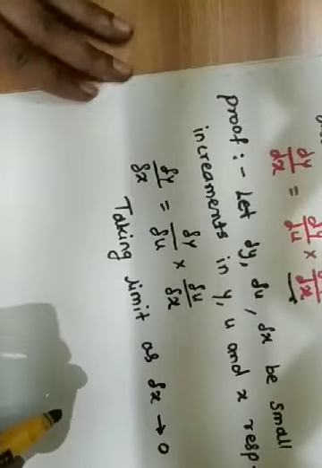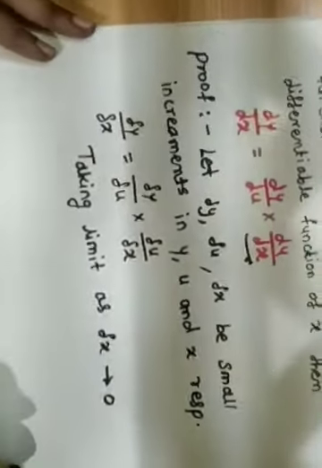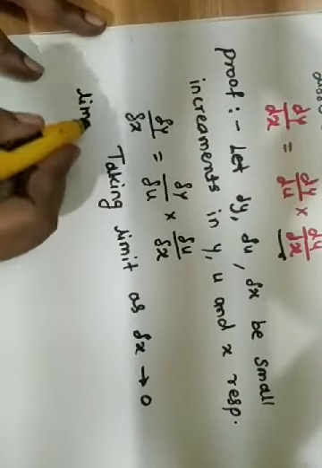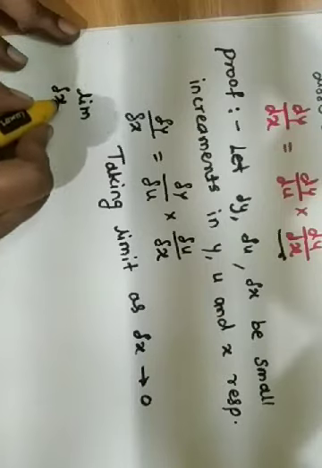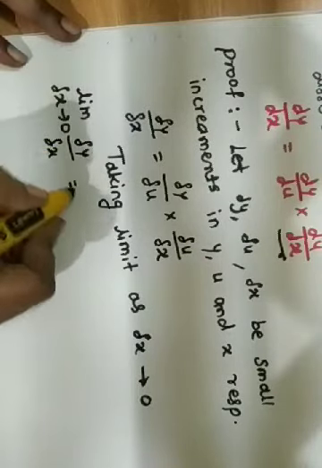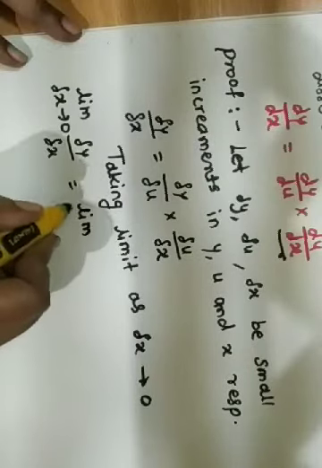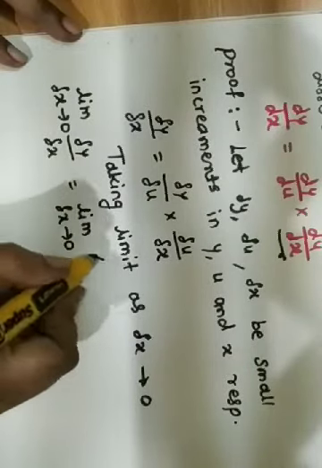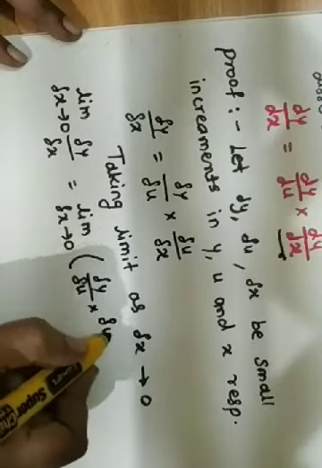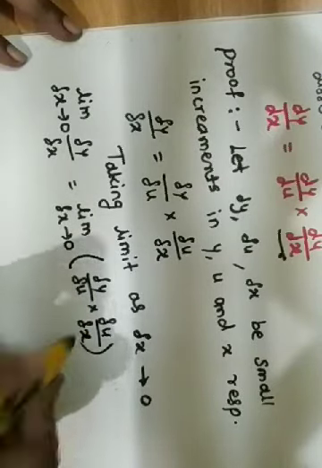Therefore, taking the limit on both sides, limit delta x tends to 0, delta y by delta x is equal to limit delta x tends to 0, delta y by delta u as it is into delta u by delta x as it is.